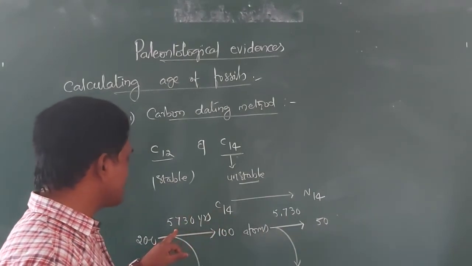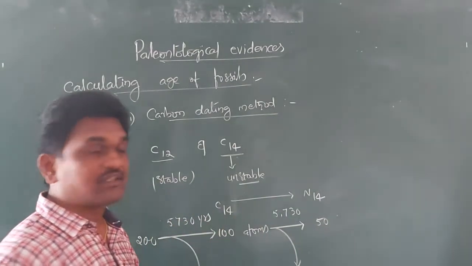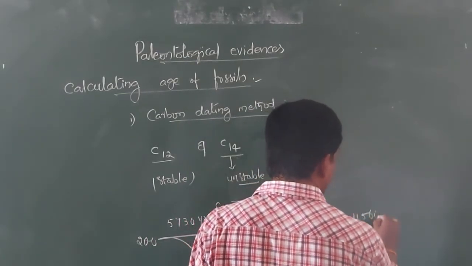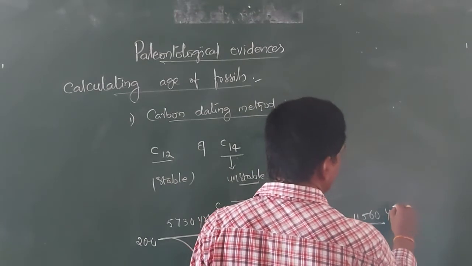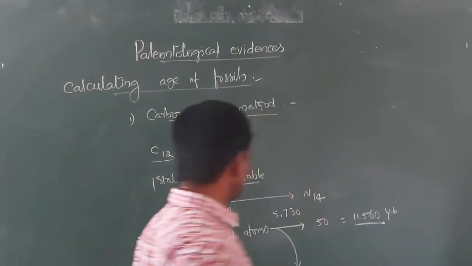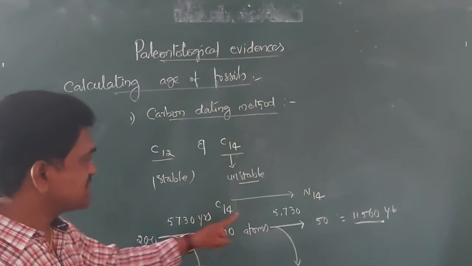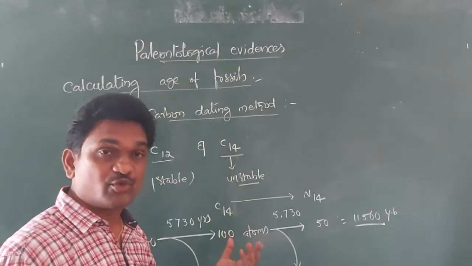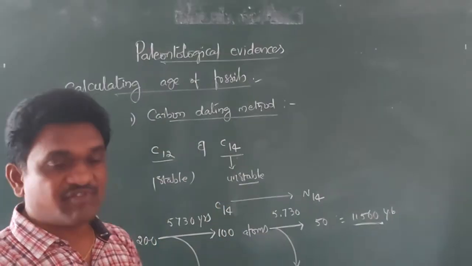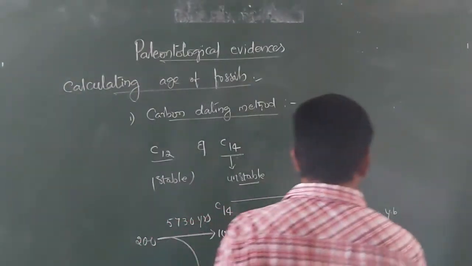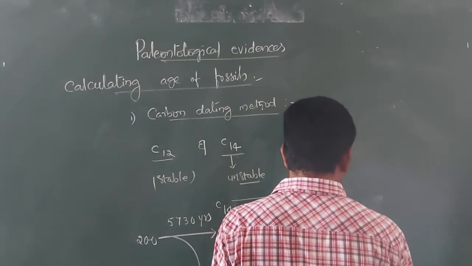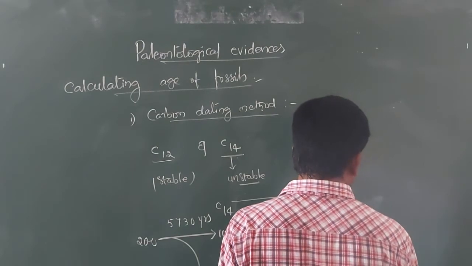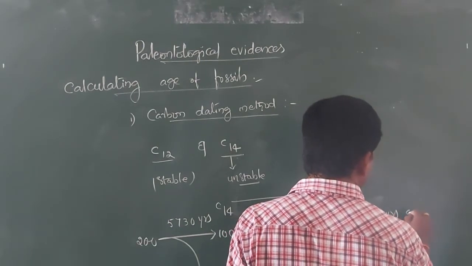Based on 50 carbon 14 atoms, you can understand that the organism might have died 5,700 plus 5,700, approximately 11,500 years back. Okay, I roughly write 11,500 years approximately.